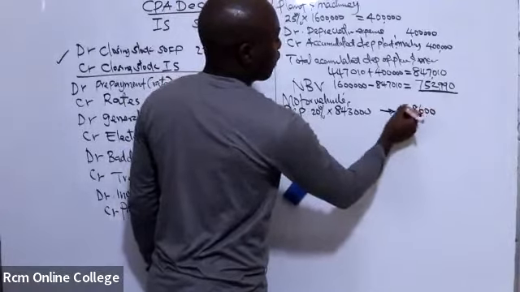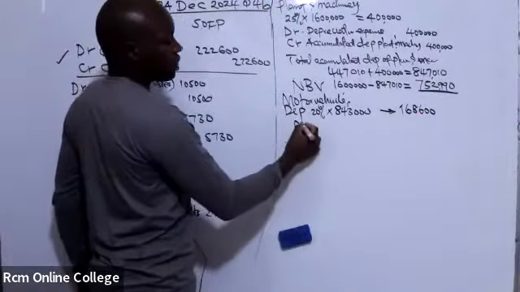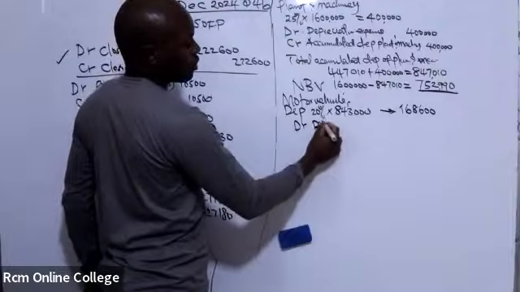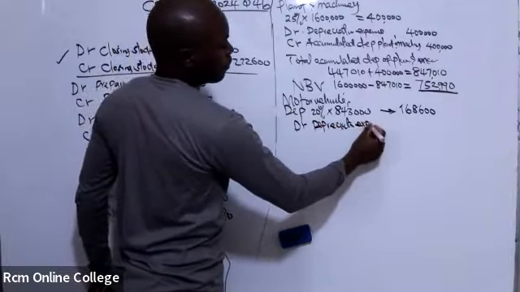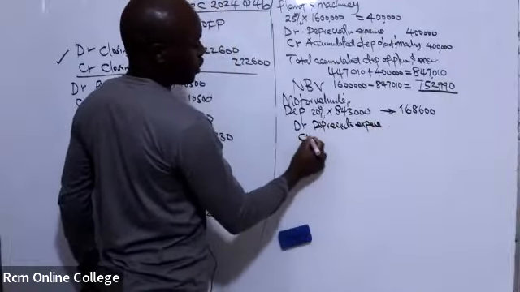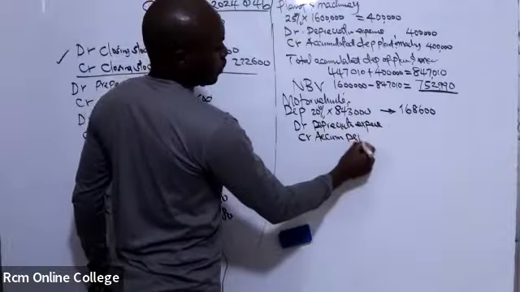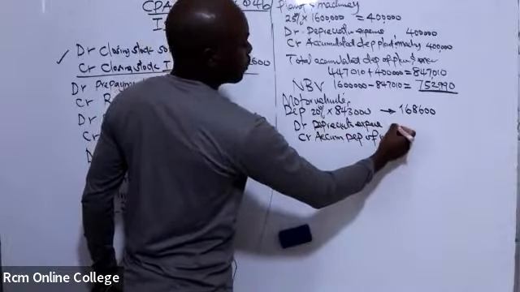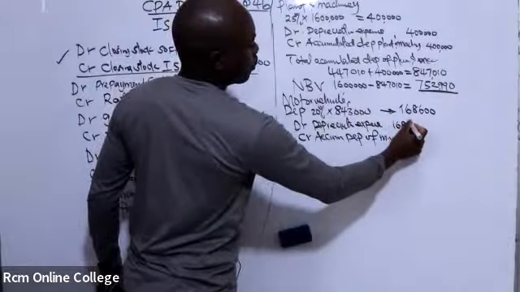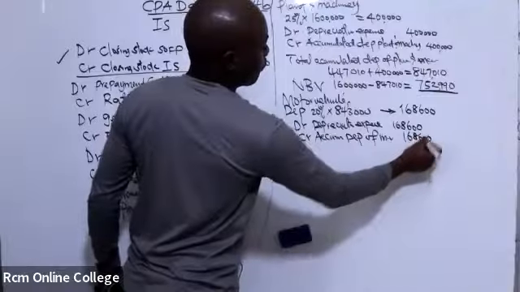Now, once we have that, we are supposed to do the journal entry. So we debit depreciation expense for the motor vehicle account. Then we credit accumulated depreciation of motor vehicle with the same amount, 168,600.